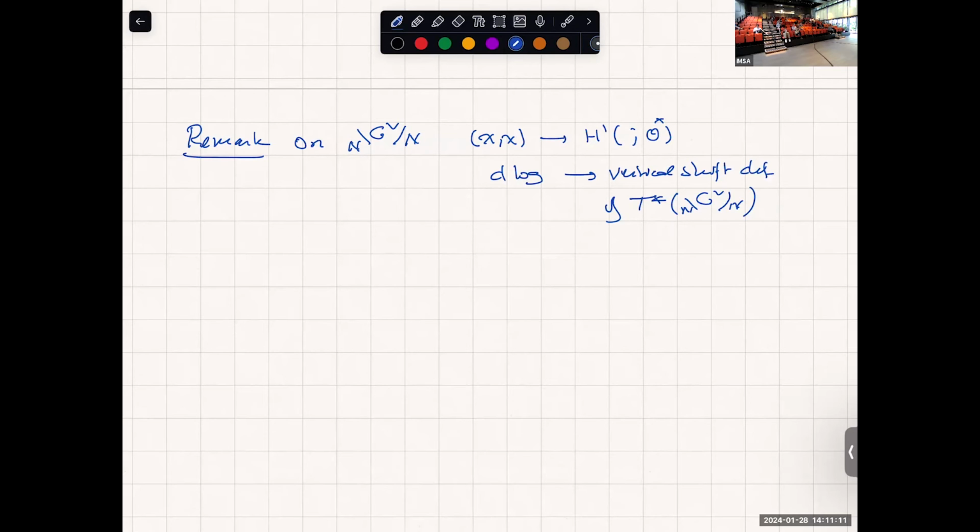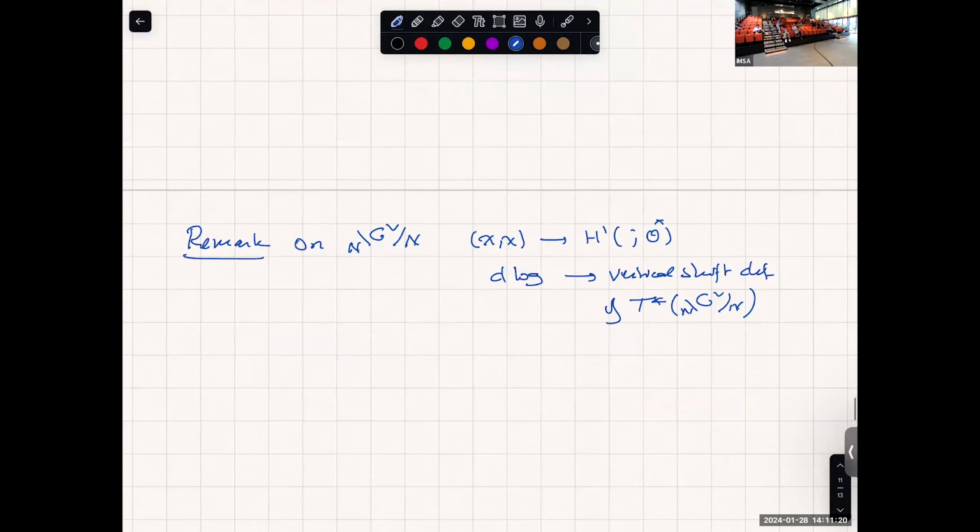You're losing the zero section with a vertical shift, but because it's by d of something, you still have a holomorphic symplectic structure. And miraculously or not, this shift converts this very stacky object, T star of G check mod N, technically, it deforms to the Toda space.